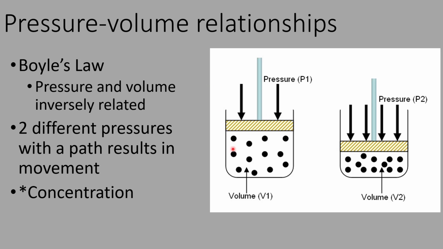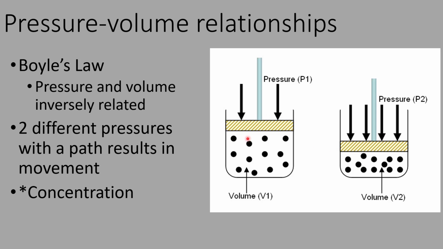So let's relate that back to our little diagram here. When we looked at it the first time, we said we had a container and we pushed down on the top, and now the same container has a smaller volume and a greater pressure. Let's pretend these are two different containers now.